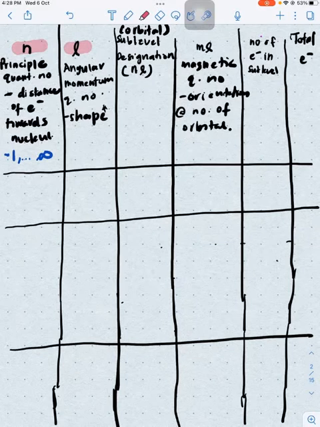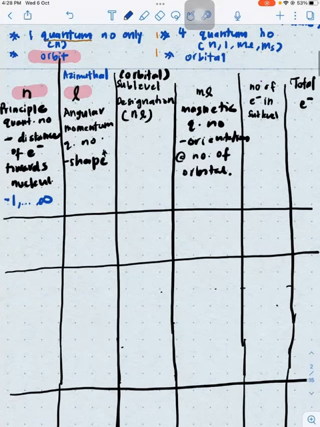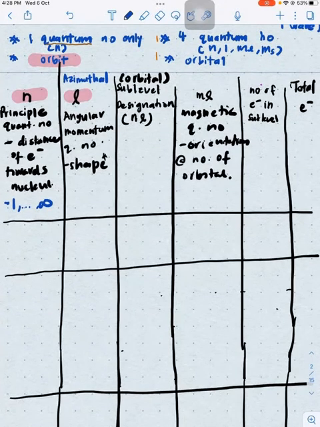And for your information, quantum number yang kedua ni dia ada nama lain sebenarnya. Nama lain kita juga boleh panggil dia sebagai azimuthal. Okay, azimuthal quantum number. Benda yang samalah. Can you see the word azimuthal kat situ? Okay. So azimuthal quantum number or angular momentum quantum number.